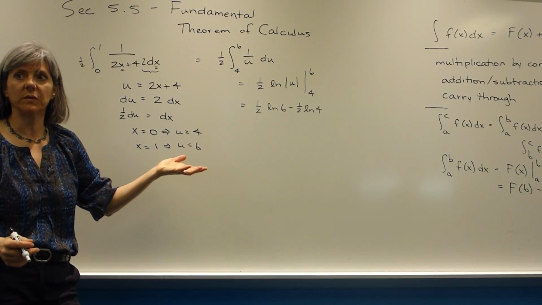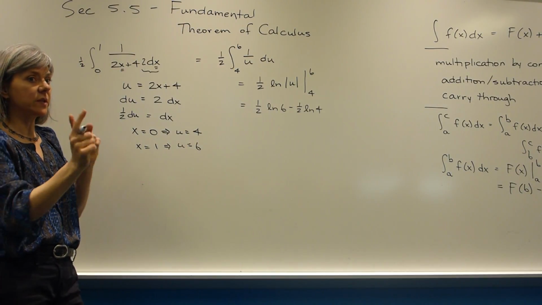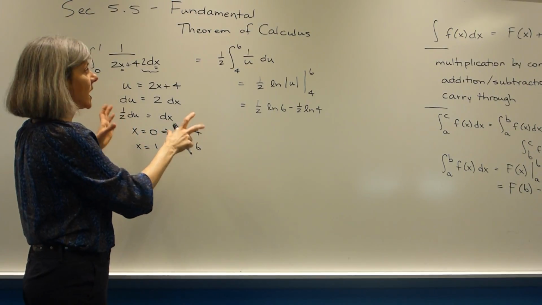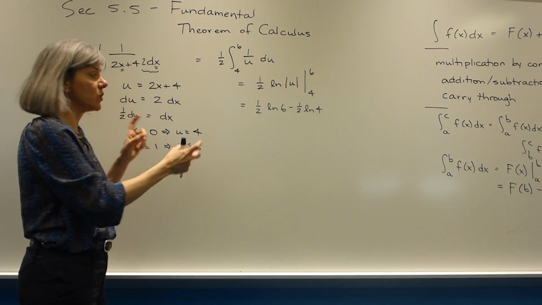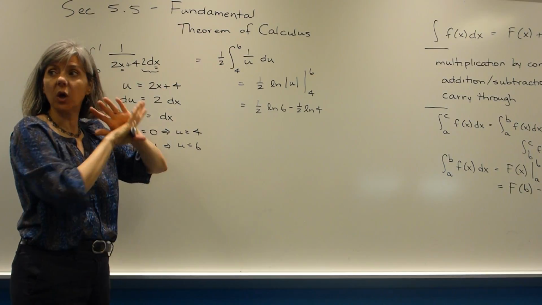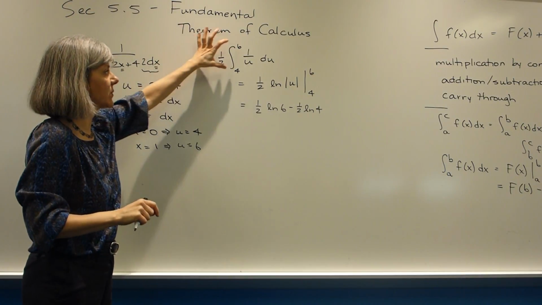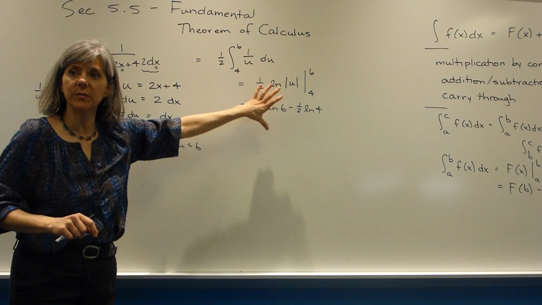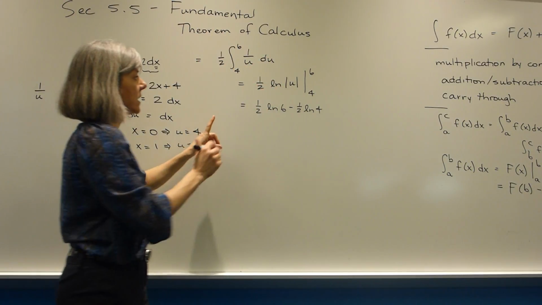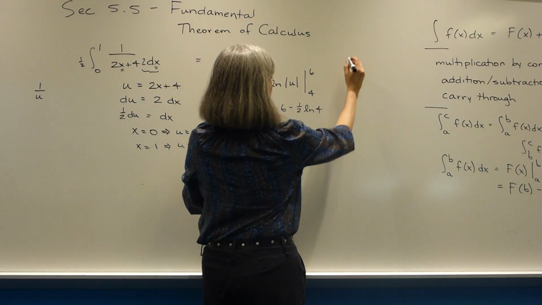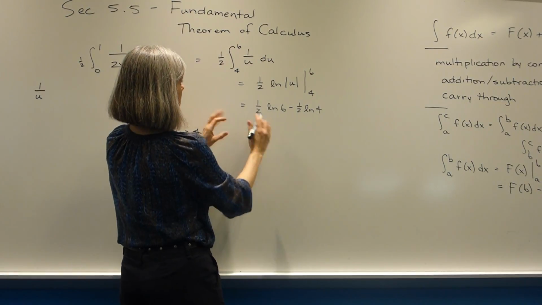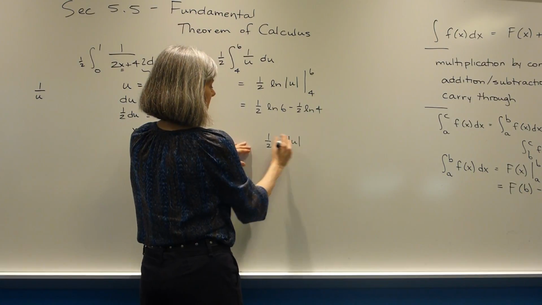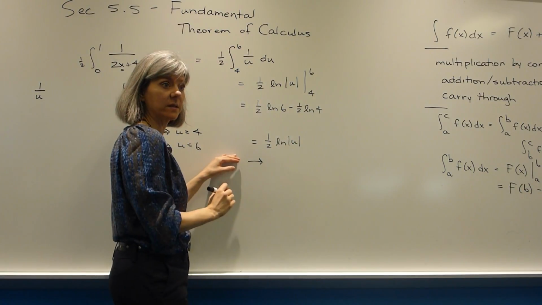So this is an important thing. This actually kind of jumped ahead in my notes, but this is an important piece. When you're doing definite integrals, if you want to use u substitution, totally fine. Absolutely. Just remember that you have to either convert your limits so that the whole problem is in u, or you get to this point where you had 1/2 ln u, and you go back to x's.